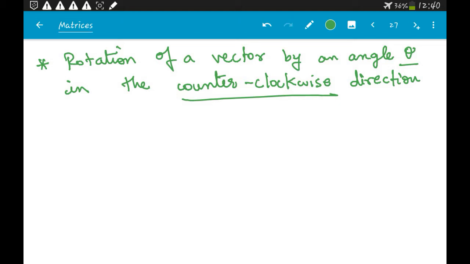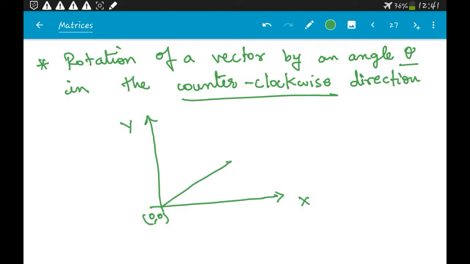Let's first define a vector. So this is our (0, 0), this is our x-axis, this is our y-axis. Let's define a vector. So this is our vector. Let's call the initial vector as going from (0, 0) to (x0, y0).